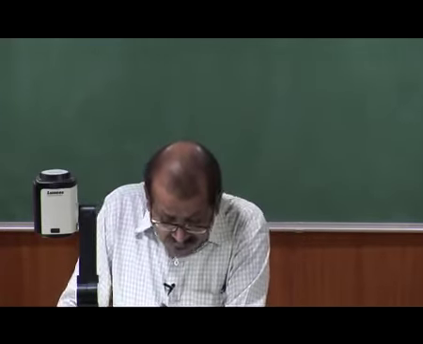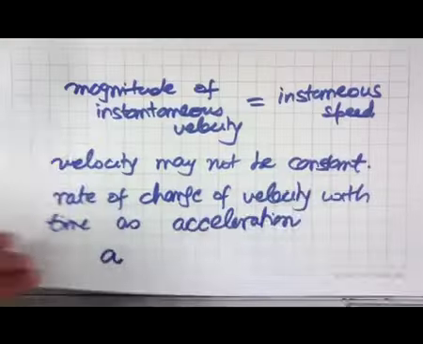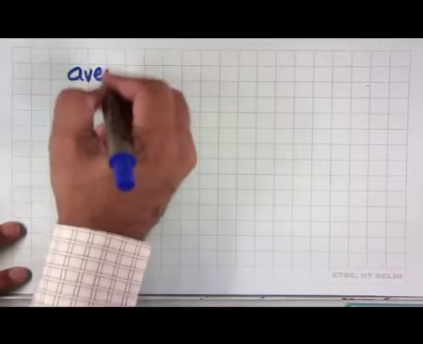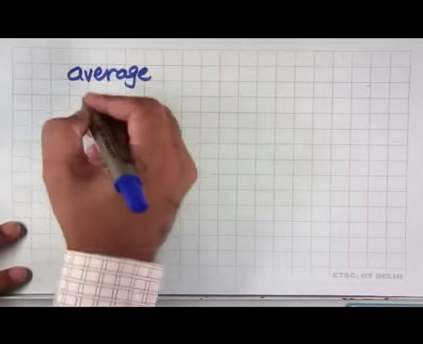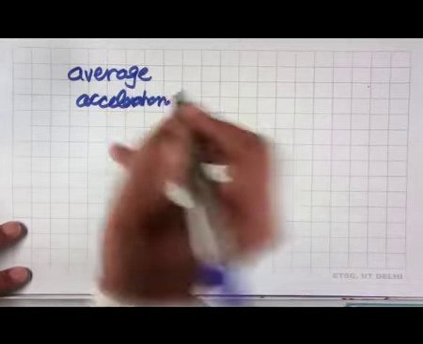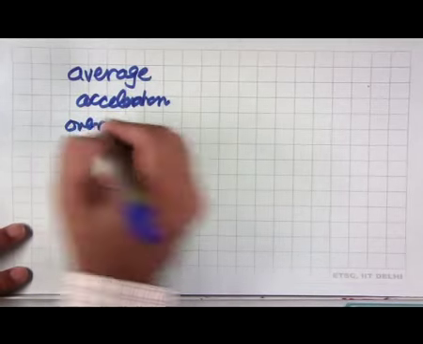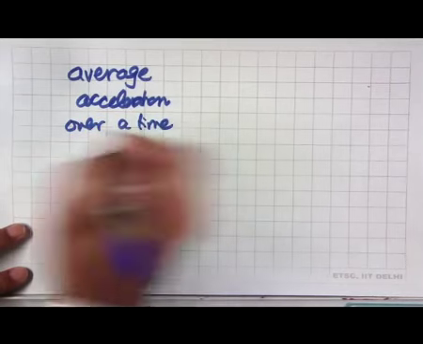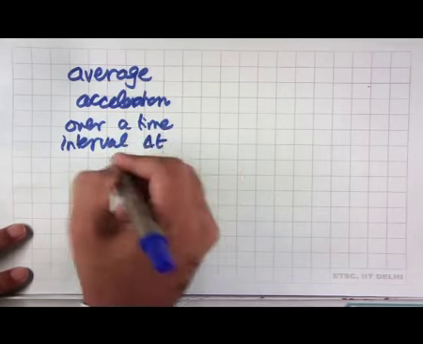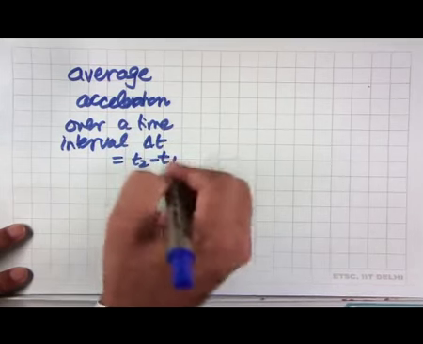We use the symbol a for this, and we can define two quantities. We can define average acceleration over a time interval delta t, which is equal to t2 minus t1.